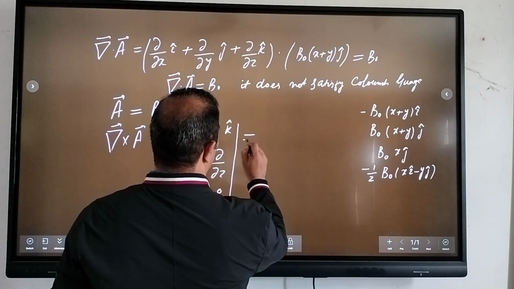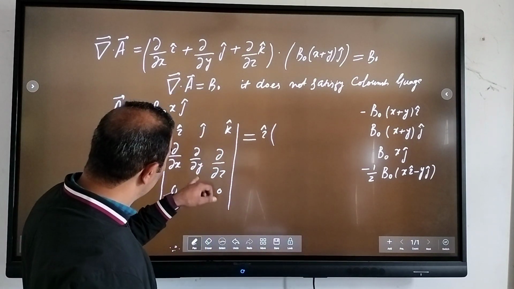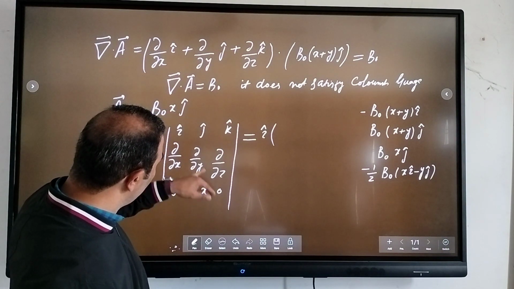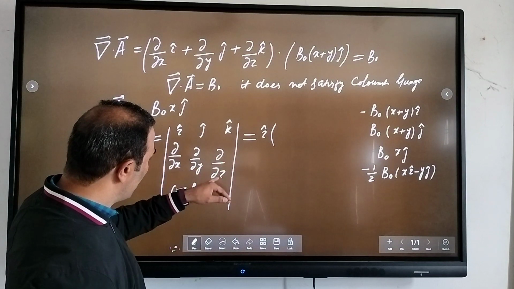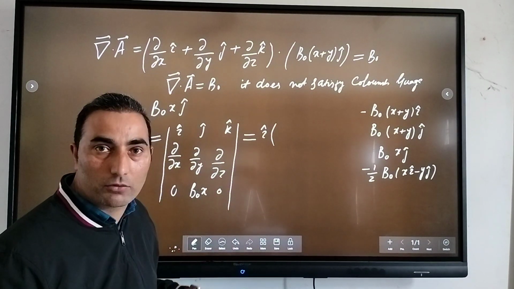So first component will be I. So when we evaluate first component, this will be 0 because यहाँ पे हमें ये वाला block करना है, so that means this will be partial by partial y of 0, so this is 0, and now this partial differentiation of partial by partial z of b0 of x, but this is a function of x, so this term will also be equal to 0.